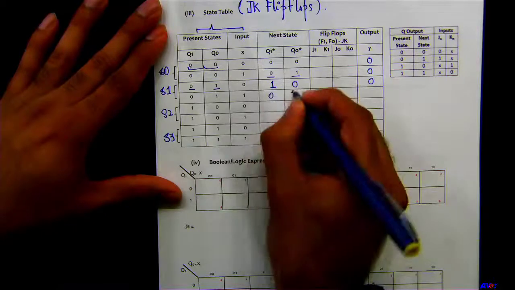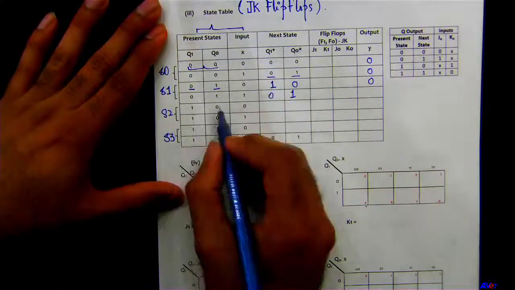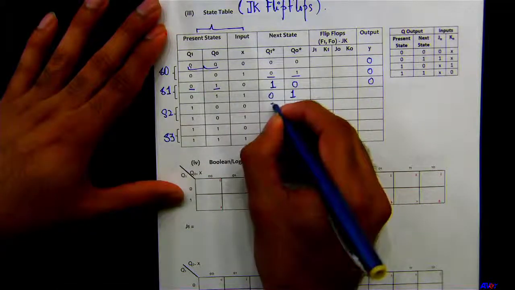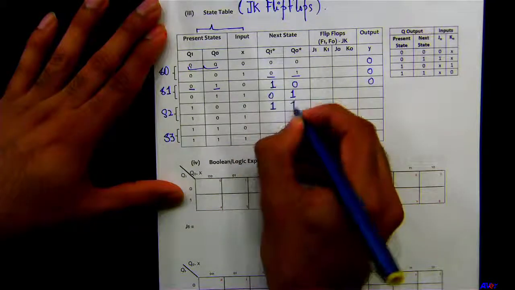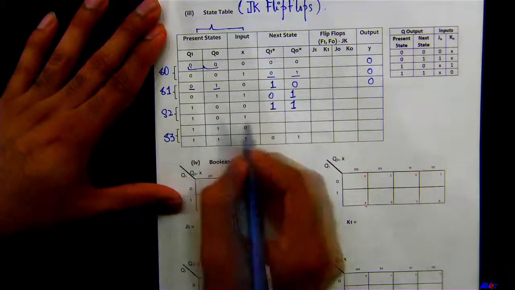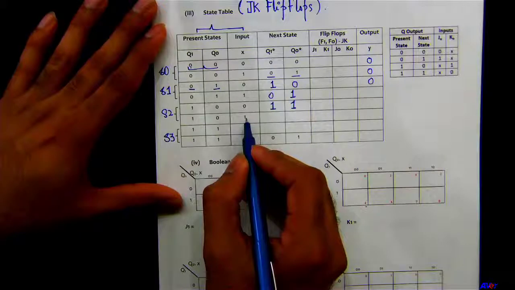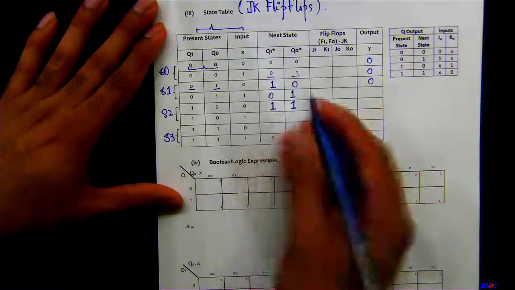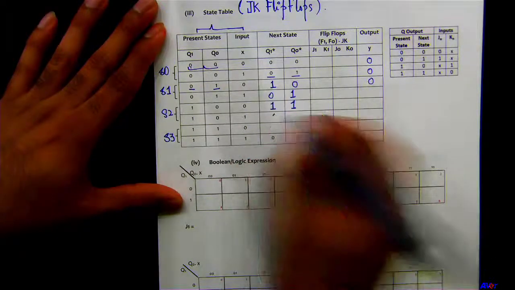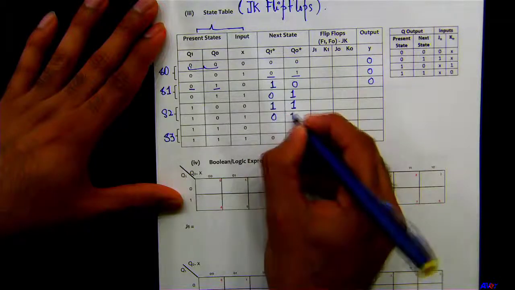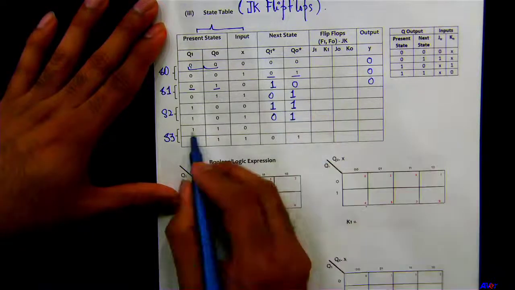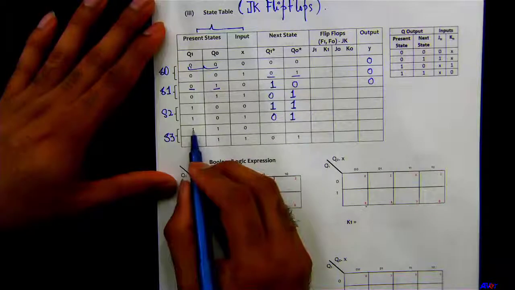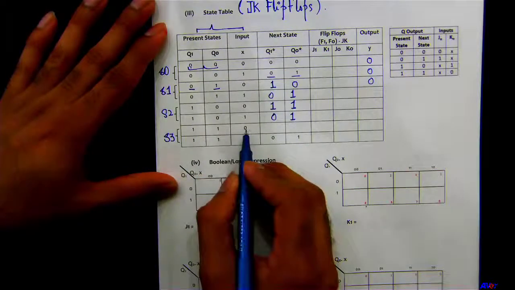Let's finish this real quick. 1, 0, this goes to 1, 1. 1, 0, 1 comes in. Where does it go? It goes to 0, 1. Correct? And then 1, 1, that means 1, 0, 0 has been detected. 0 comes in.